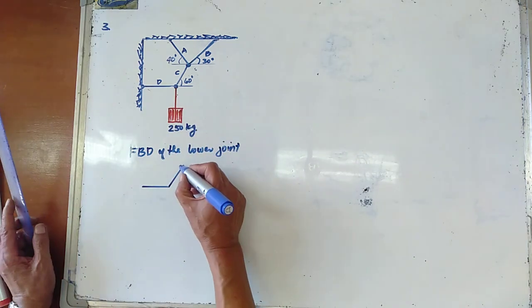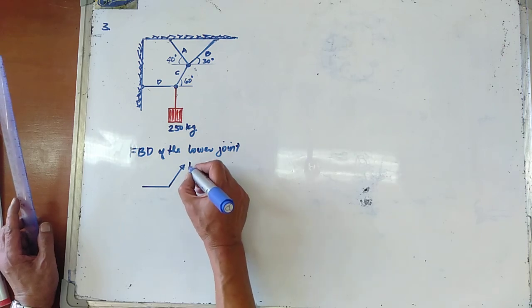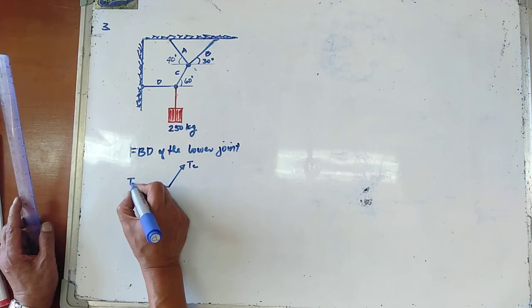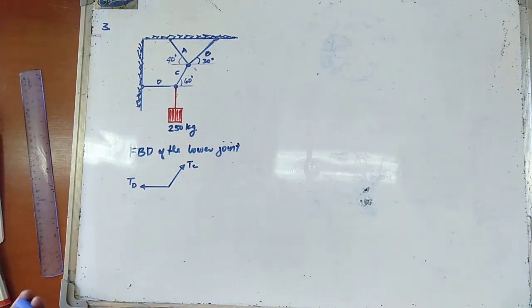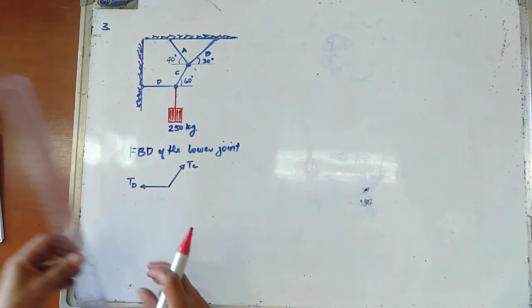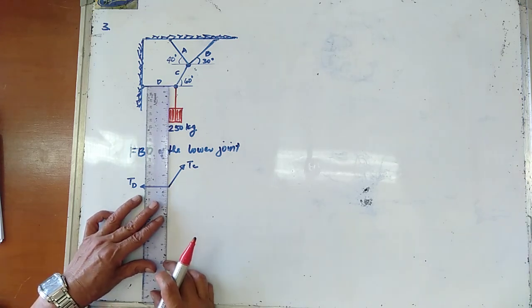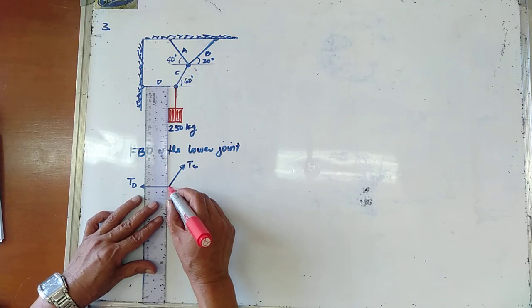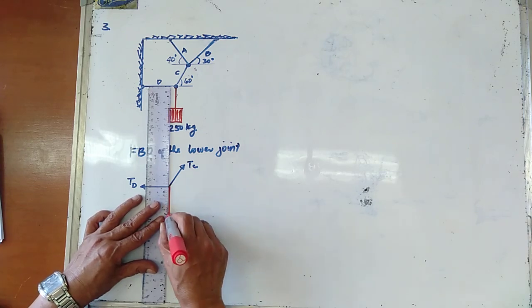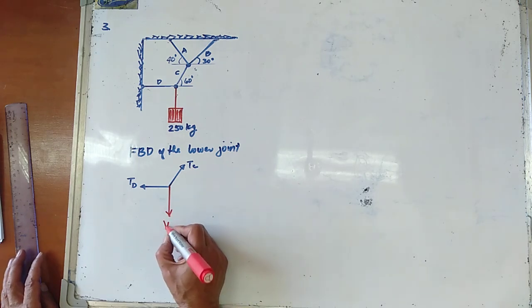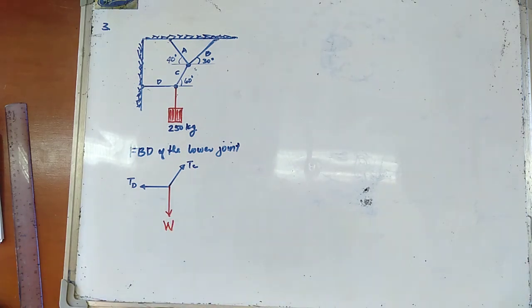So we have the tension in cable C, and this one is the tension in cable D. And of course, we have the weight of the body. Of course, that is vertical. The weight of the body is downward vertical. So this is now the weight of the body, which is now equal to W.